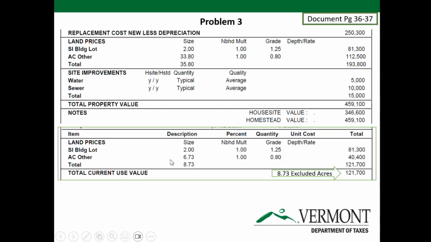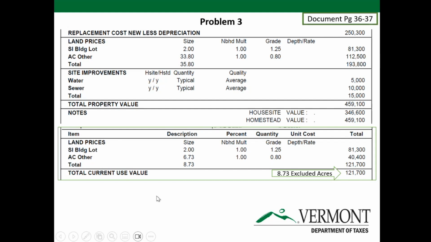But in our current use calculator, after valuing 2 acres at the same 1.25, and after looking at the 6.72 acres, we determined that the grade of 0.8 is appropriate. The system is telling us based on our land schedule that 7.83 acres is costing out at 121,700, and that is the value of our excluded acres.